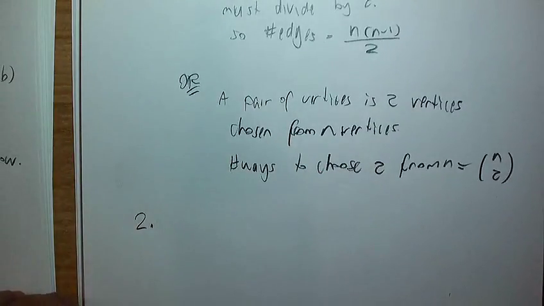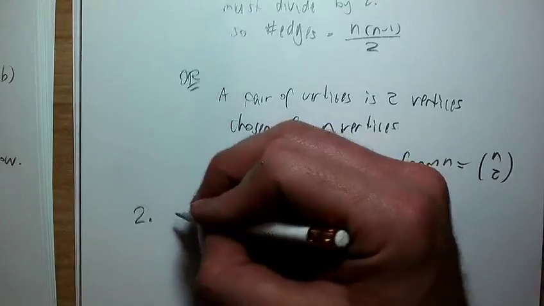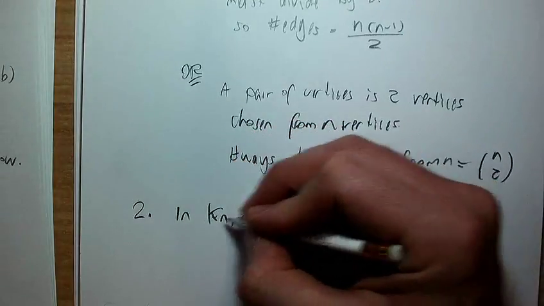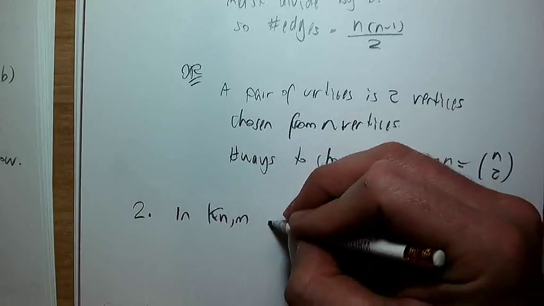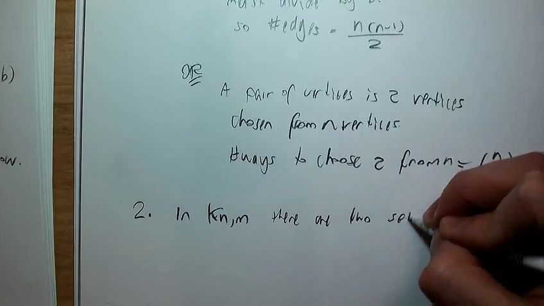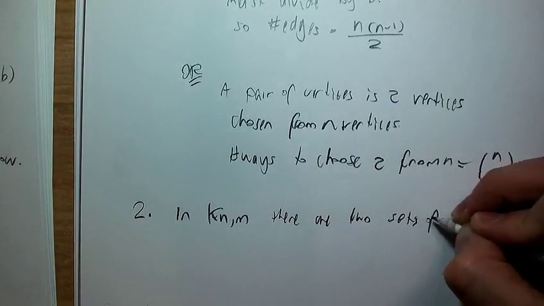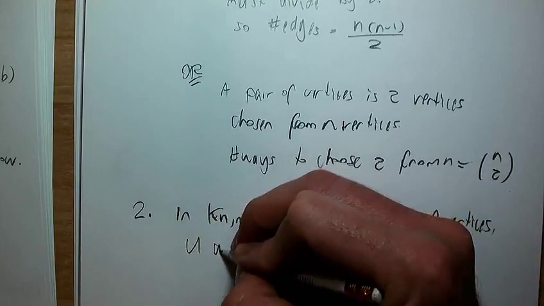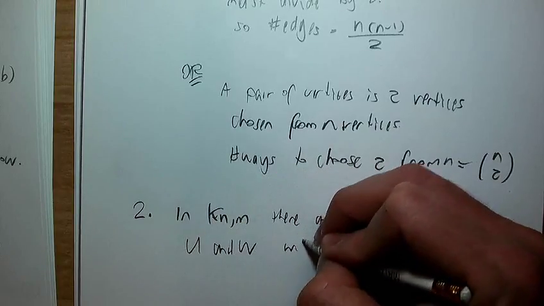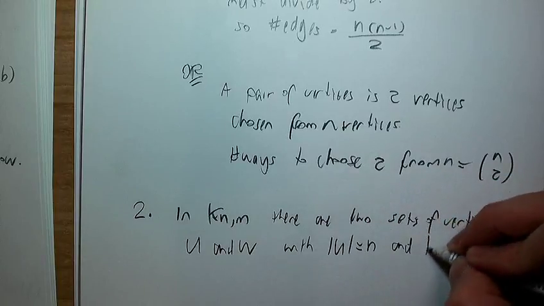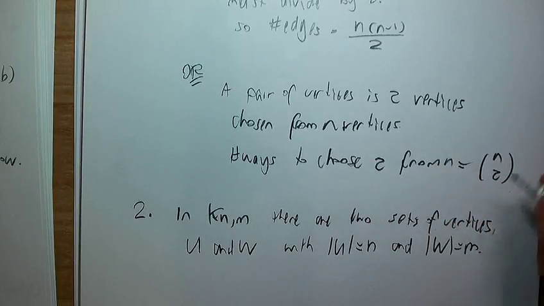Number 2. In K_{n,m}, there are 2 sets of vertices, U and W, with the size of U equal to n and the size of W equal to m.